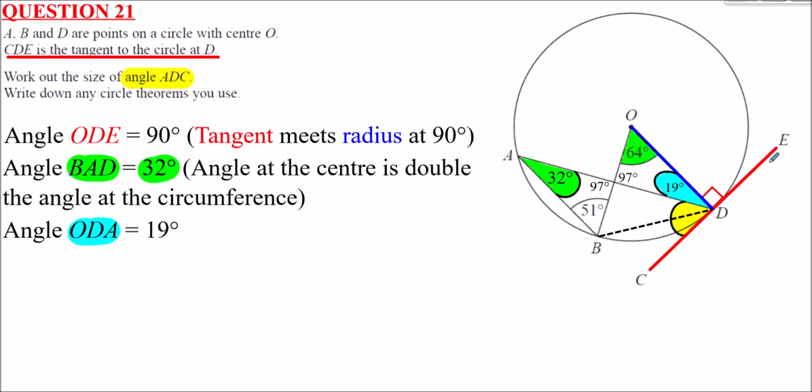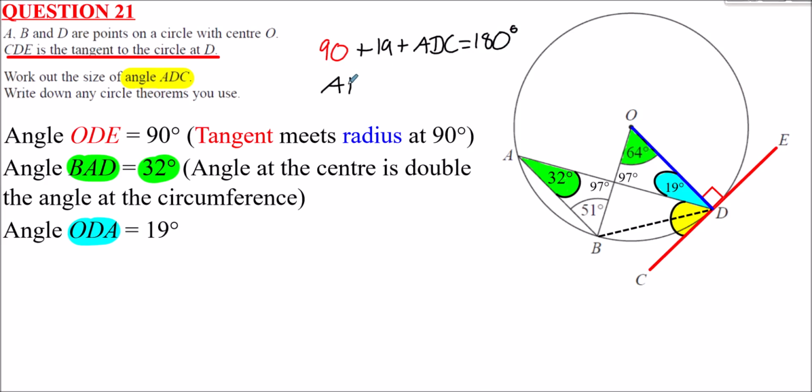So CDE is a straight line. You need to remember that angles on a straight line add up to 180 degrees. So 90 plus 19 plus the angle we're wanting to find must add up to 180 degrees. So 90, this one, plus 19 plus ADC must add up to 180 degrees.